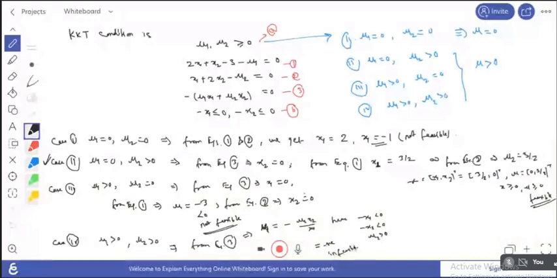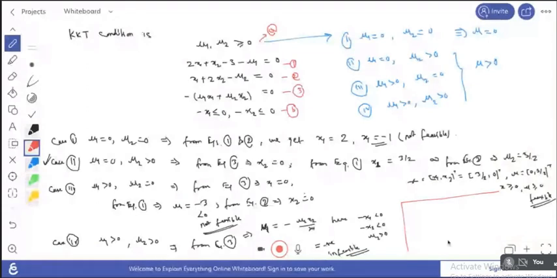Okay, so this means you finally get the solution. So now what are the conditions on mu?